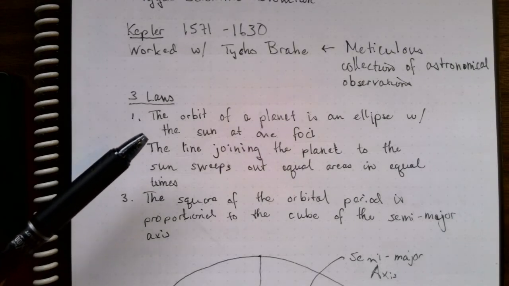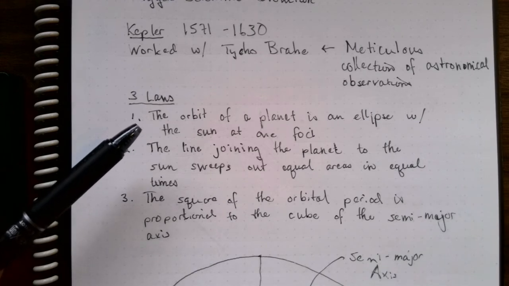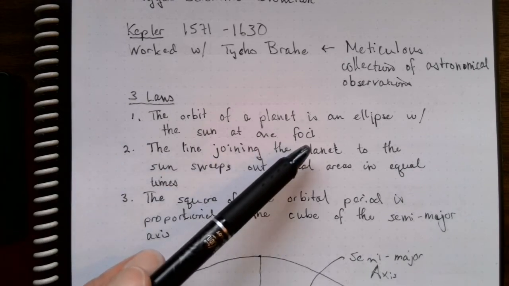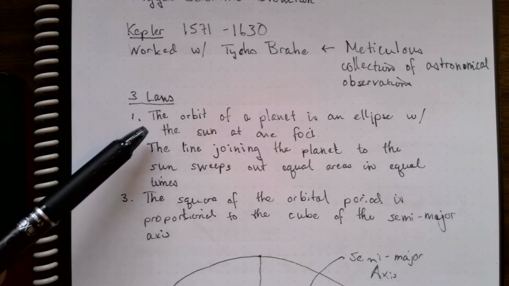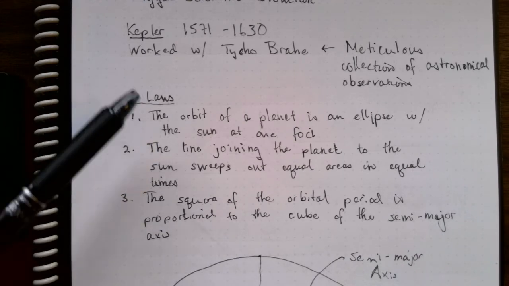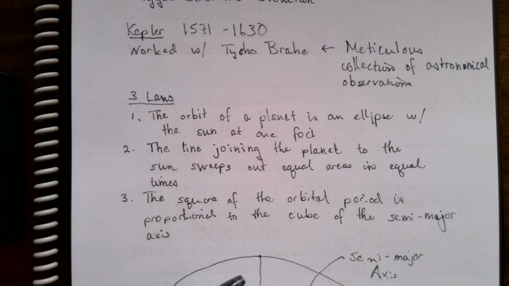And you'll remember from your analytic geometry that an ellipse is the set of all points where the sum of the distances from 2 points called the foci are constant. So Kepler ditches the circle idea and goes to ellipses.